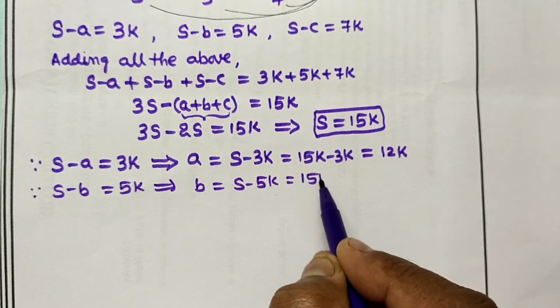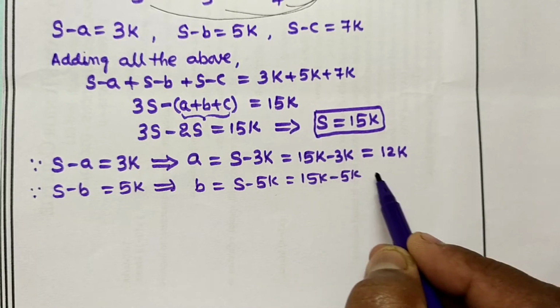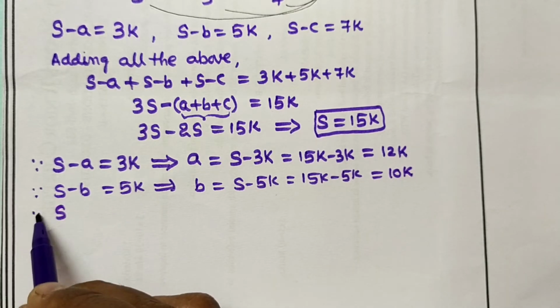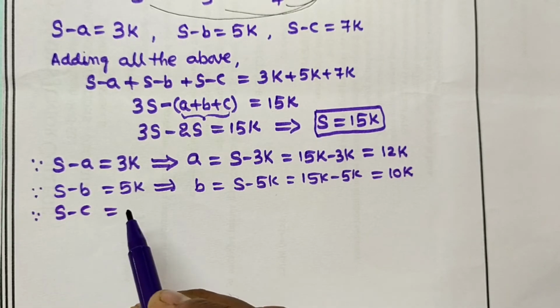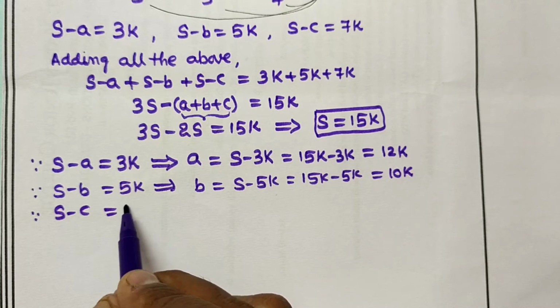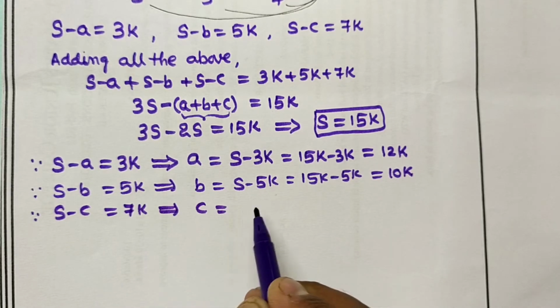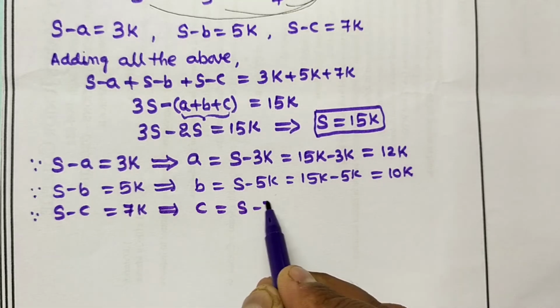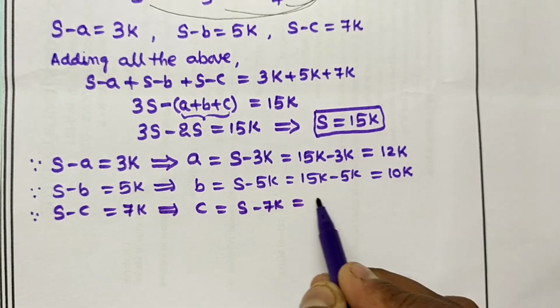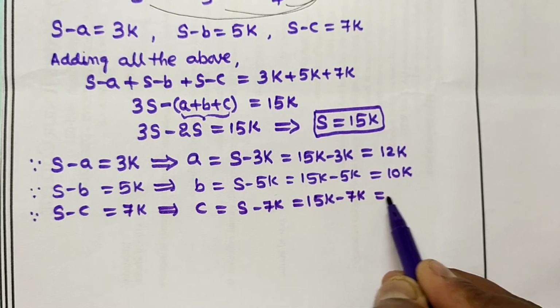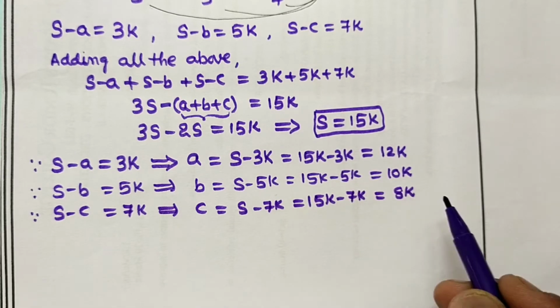So 15k minus 5k, which is equal to 10k. Since S minus c equal to 7k, that implies c equal to S minus 7k. 15k minus 7k equal to 8k.